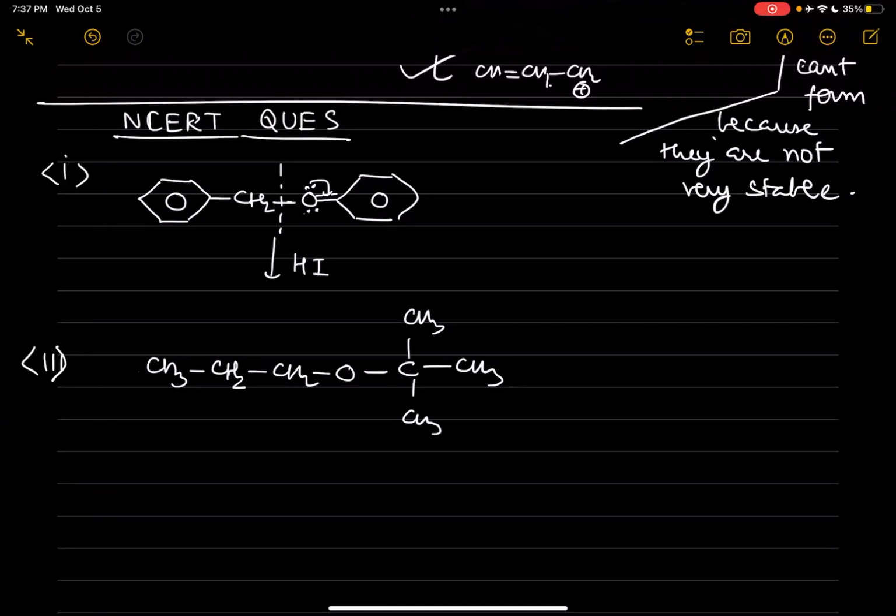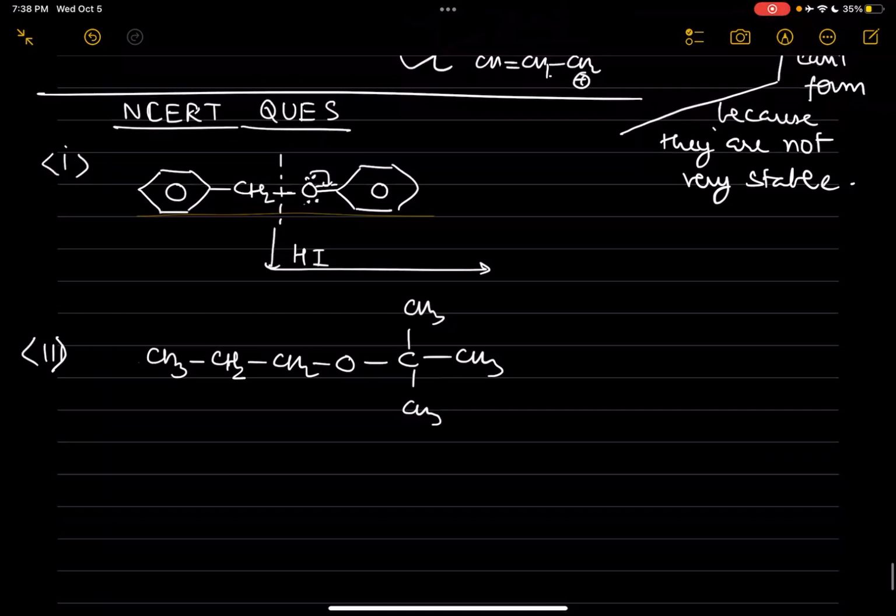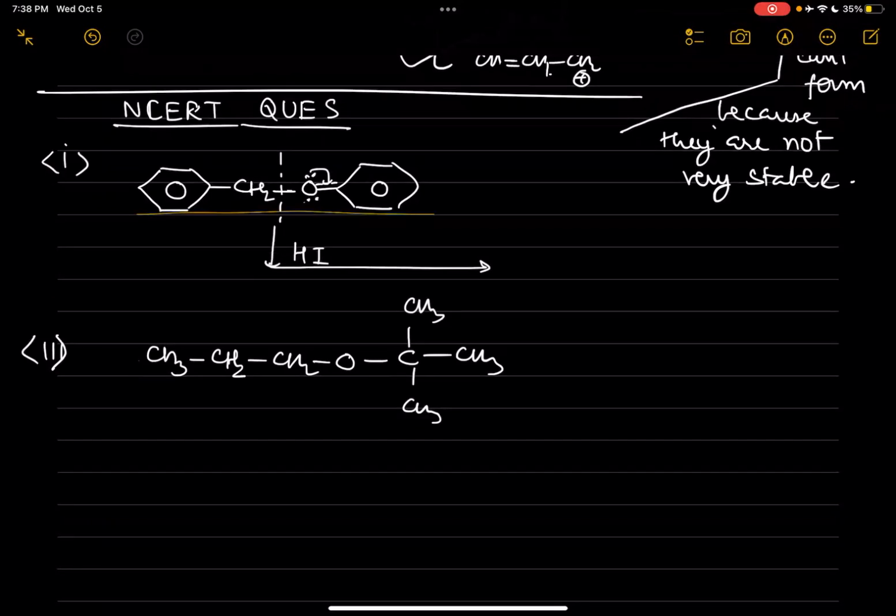Clear? In this case, you are not going to discuss SN1 or SN2. Just think that you are not going to break the bond which is directly linked to the benzene. Okay. CH2.